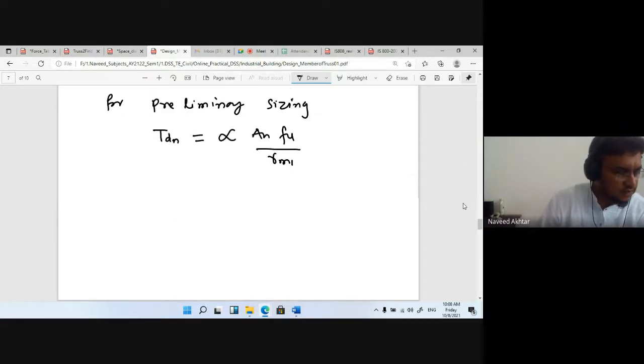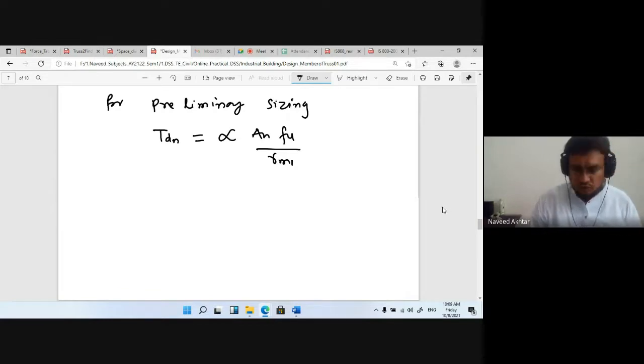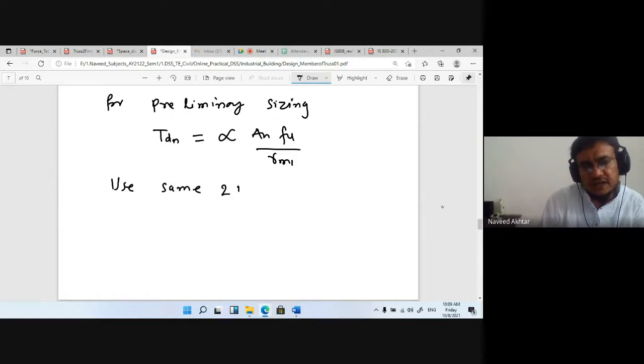Now you have to assume a section. Use the same 2 ISA 50/50 by 5 as a tie member.